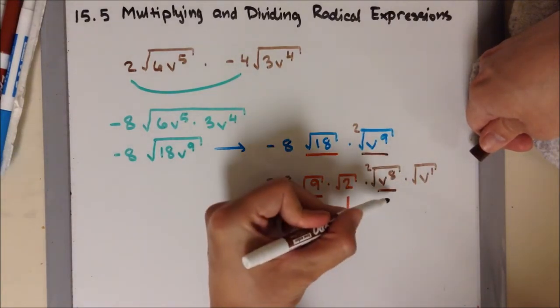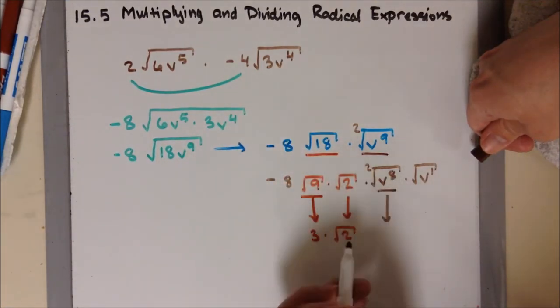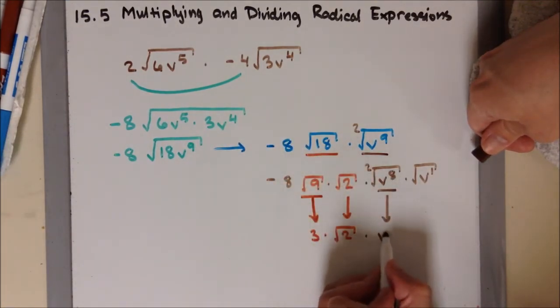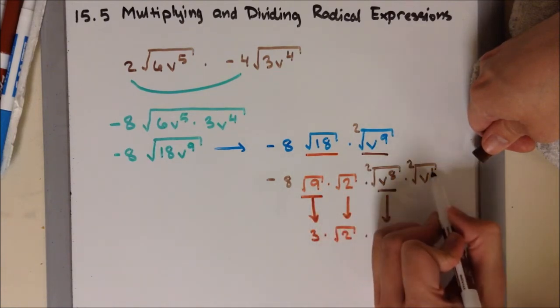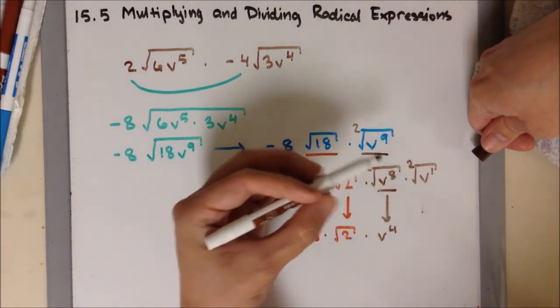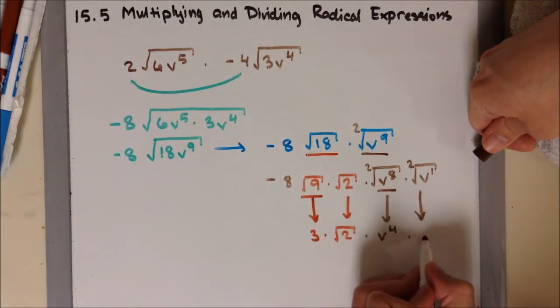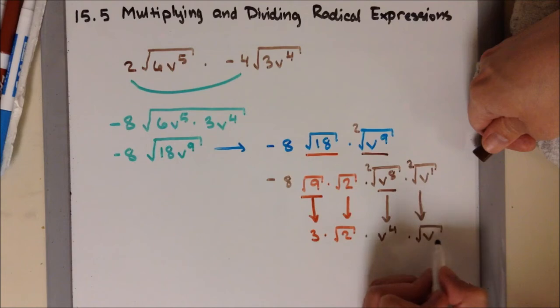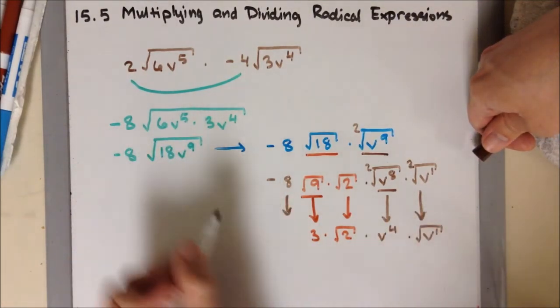You can do the square root of v to the 8th power because 2 can go into 8 4 times. So it's going to be v to the 4th power. My invisible 2 cannot go into 1 as a whole number, so I'm just going to bring that one down. So it's going to be times the square root of v to the 1 power. And I'm going to bring down the negative 8.